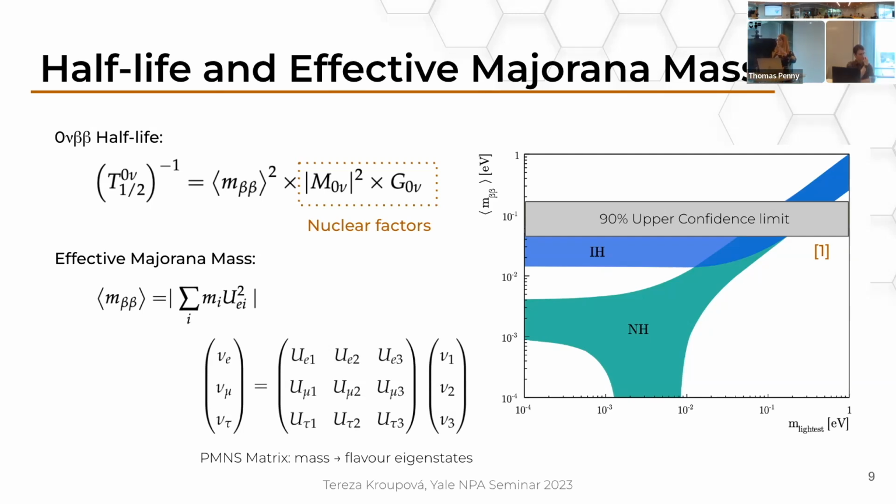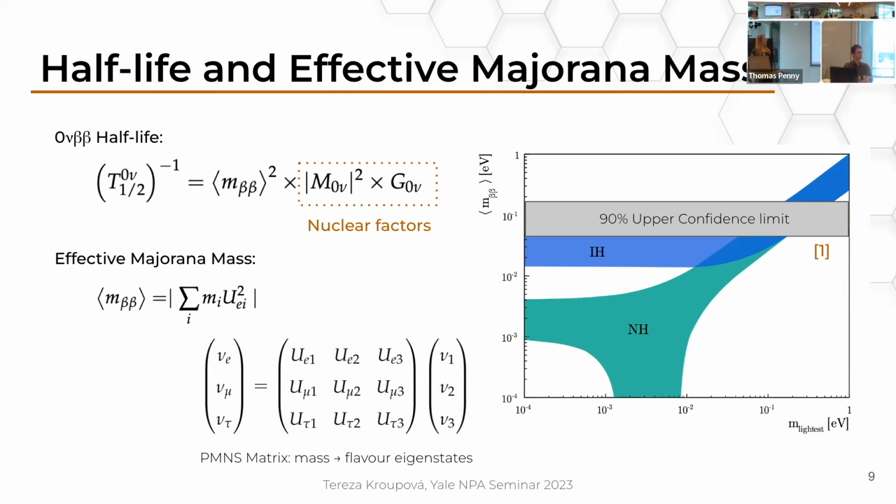Now we know quite a lot of those, we've measured quite a lot of those elements. So you can plug in those numbers that we've measured, and you can create the allowed regions where this process can lie. On the right here is something that's colloquially referred to as a lobster plot, where you have this effective Majorana mass as a function of the lightest neutrino mass, which is different in the case of the inverted hierarchy and normal hierarchy.